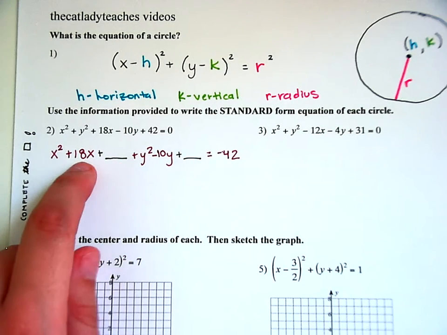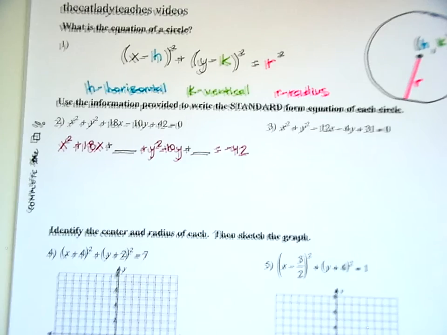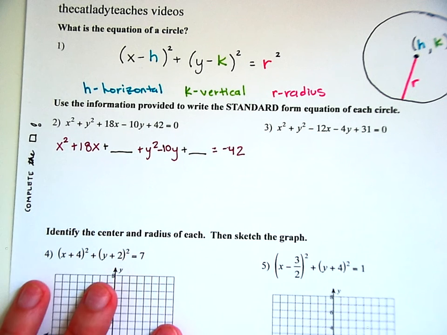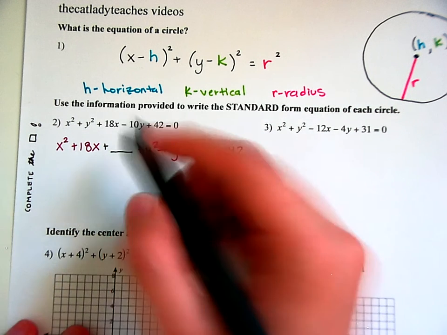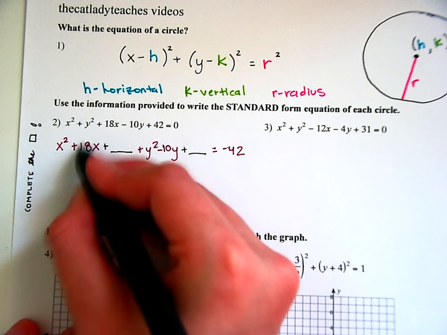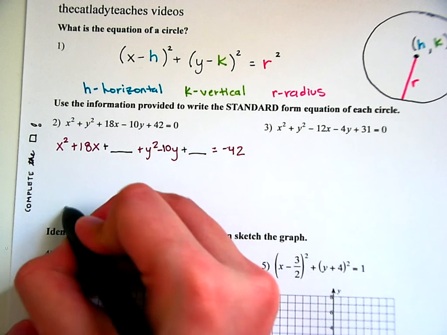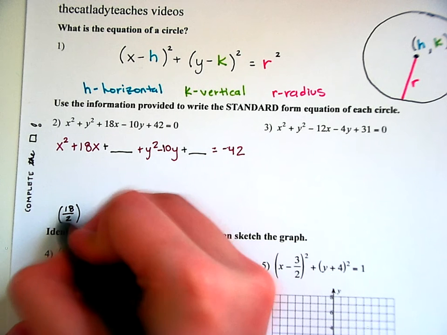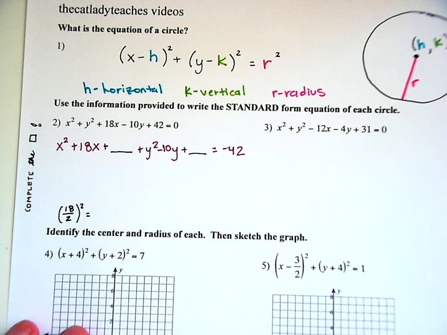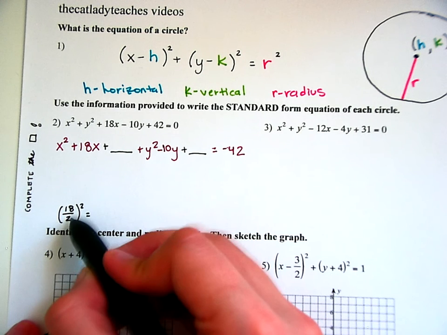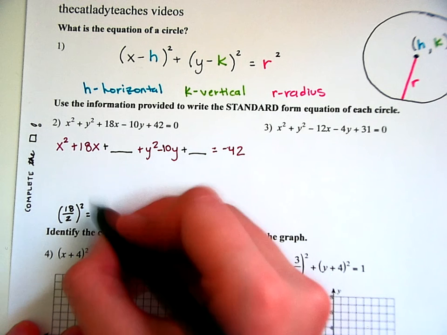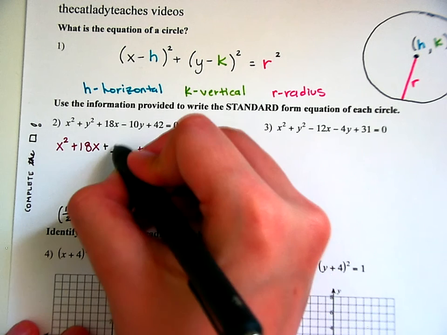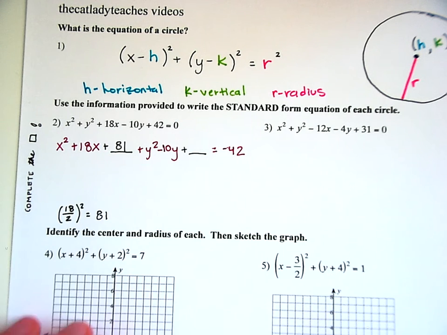Remember, that's our guess and check method. Well, there's a really simple way to do this. All you have to do to find this value right here is take this coefficient, the 18, divide by 2, and square the value. Okay, so 18 divided by 2 is 9, squared is 81. I have just found out how to complete this square.